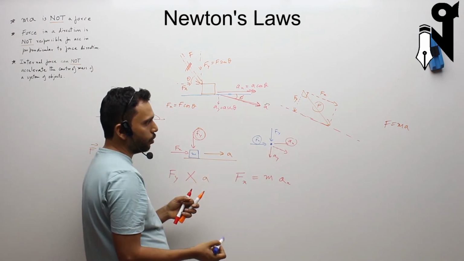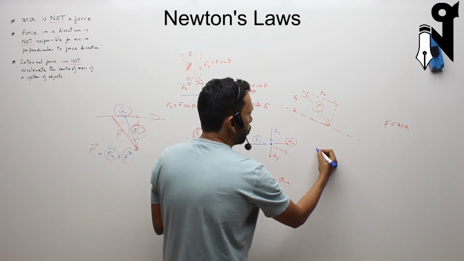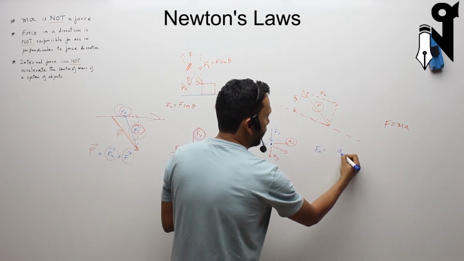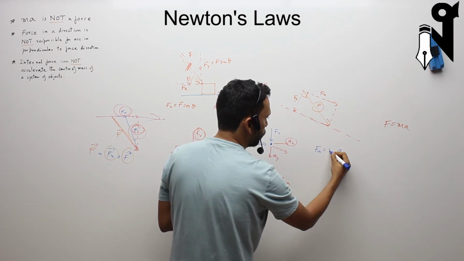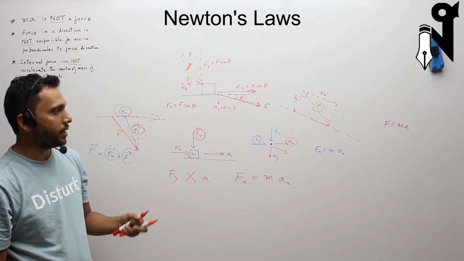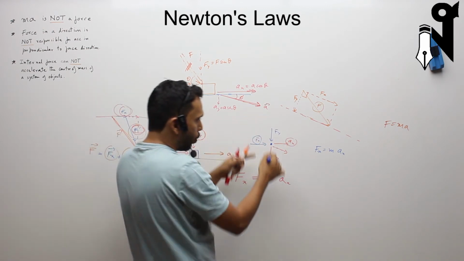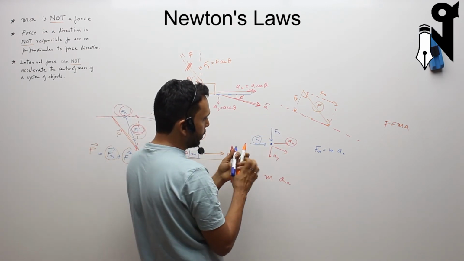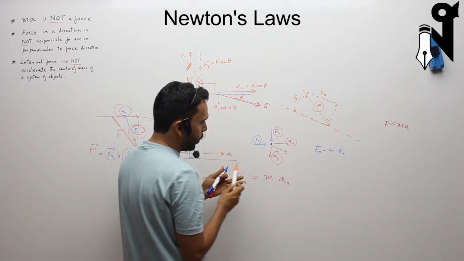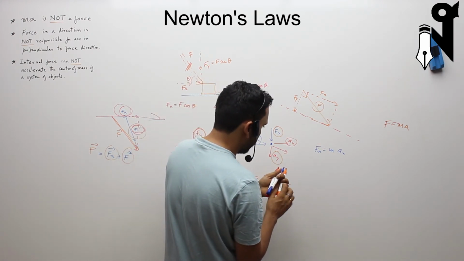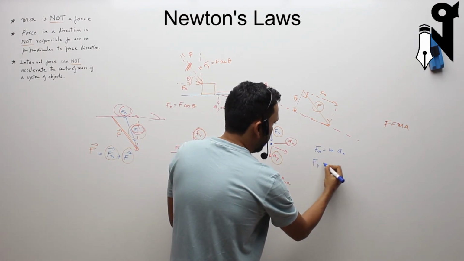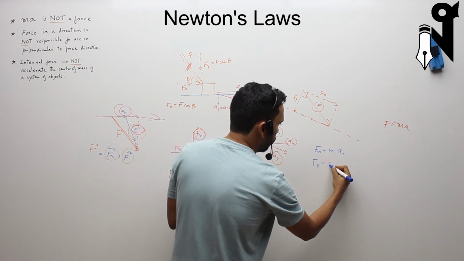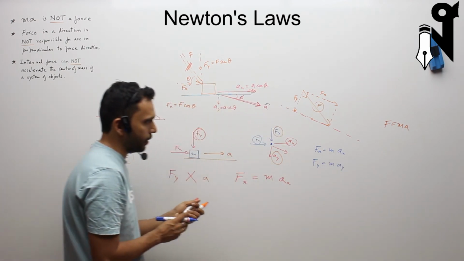Fy had nothing to do with it. So your fx and ax will be related by this equation, which is fx is equal to mass times the acceleration. And the vertical component is the only one responsible for the vertical acceleration, which in equation form is given as fy is equal to mass times acceleration in the vertical direction.